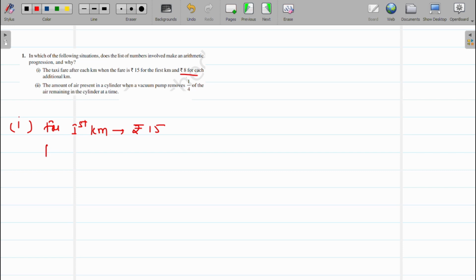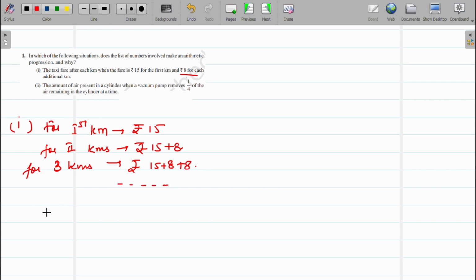So for 2 kilometers, the amount I'll pay will be 15 for the first and 8 for the second. For 3 kilometers, it should be rupees 15 plus 8 till the second kilometer, plus 8 for the third kilometer, and so on.